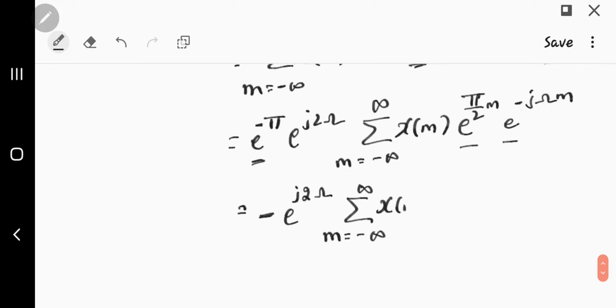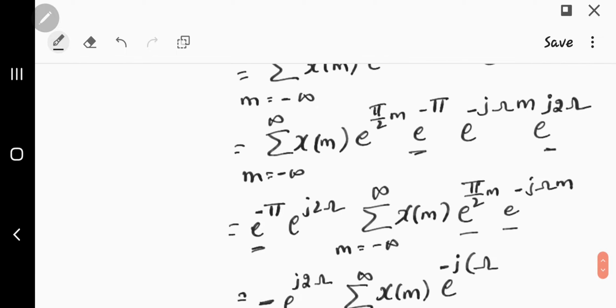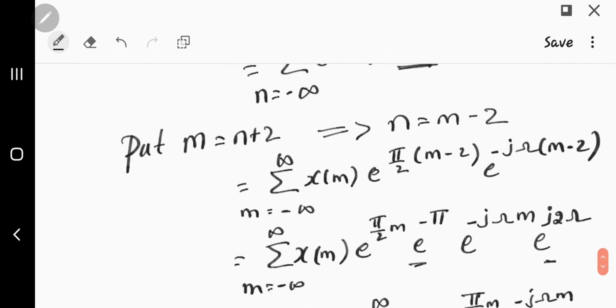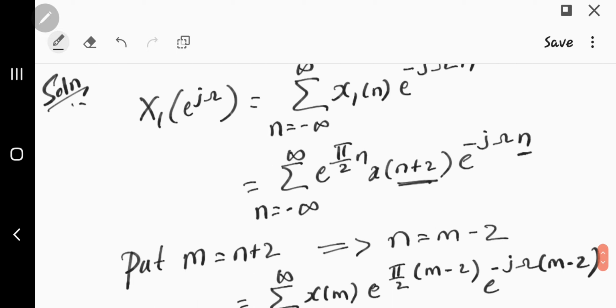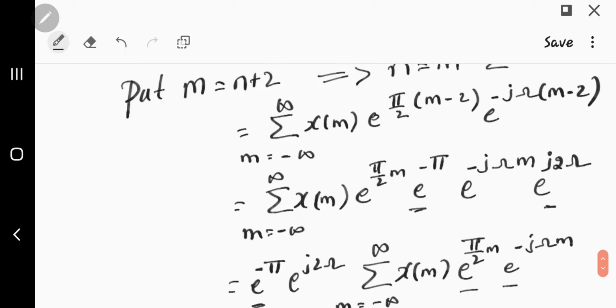x of m e to the power of minus j. If I take minus j, then it will be omega, hope I have not made any mistake here, to the power of j n plus 2.